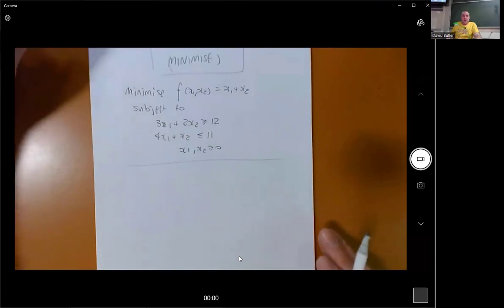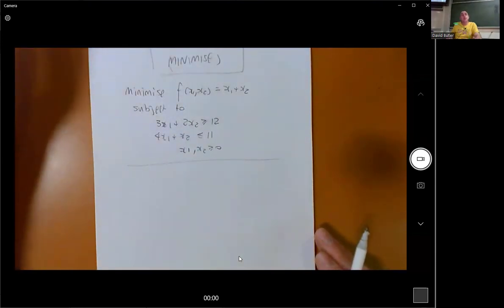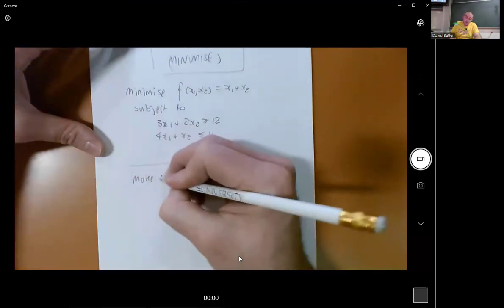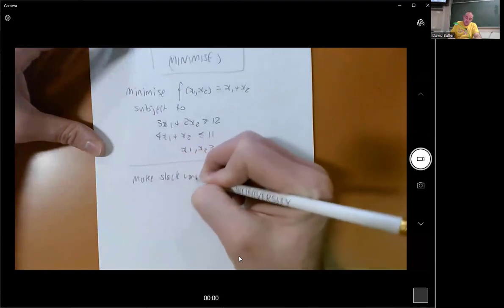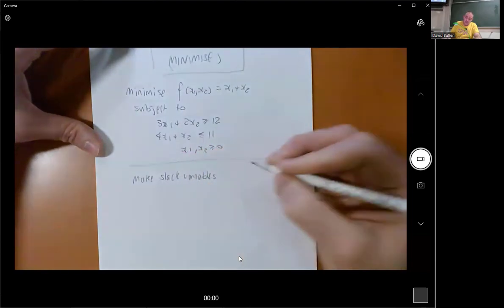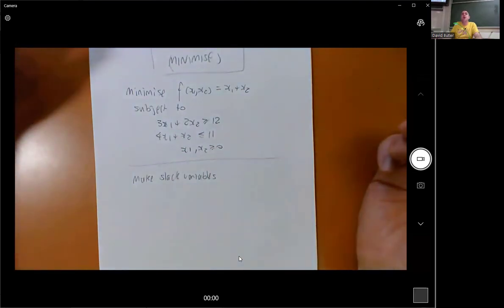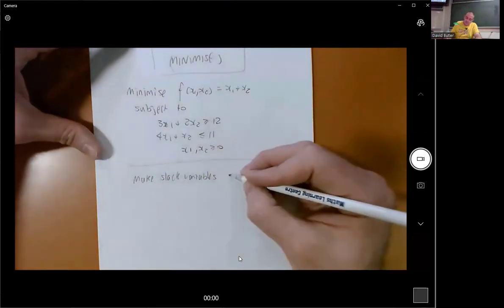So my understanding is that we have to put the slack variables in. I would traditionally call them S1 and S2, but they'd probably call them X3 and X4.